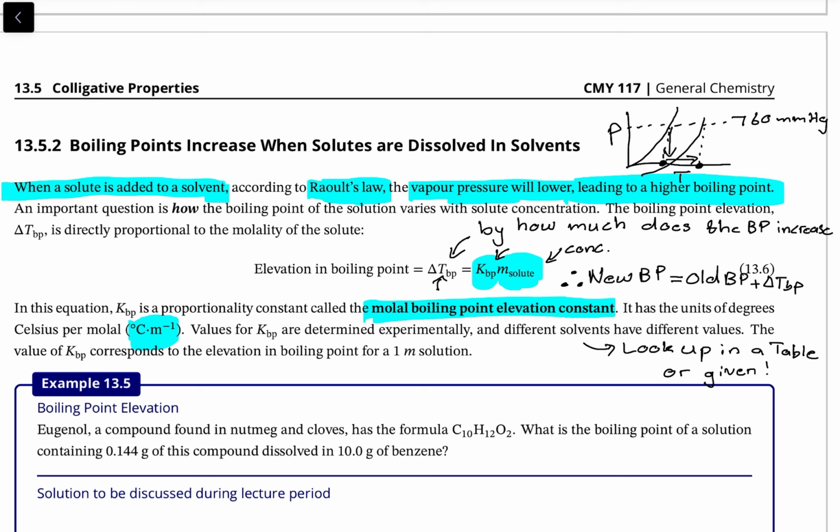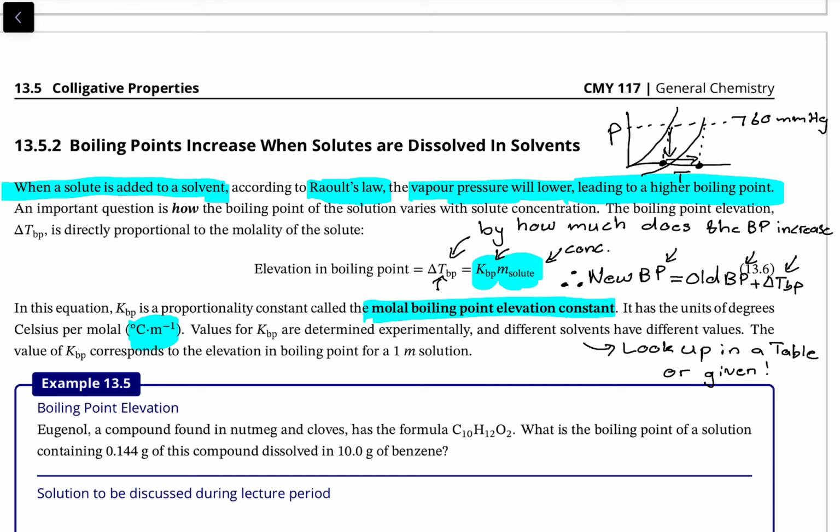The thing is, you must just remember that the new boiling point is going to be the old boiling point plus this change, because we only calculate the change in boiling point, meaning by how much it increased. We didn't calculate the new boiling point. Right. So that's basically it.